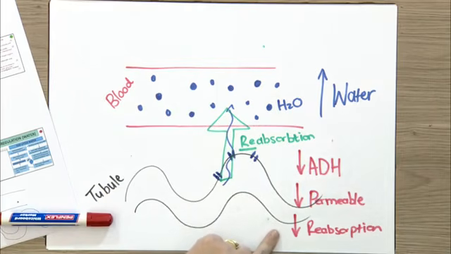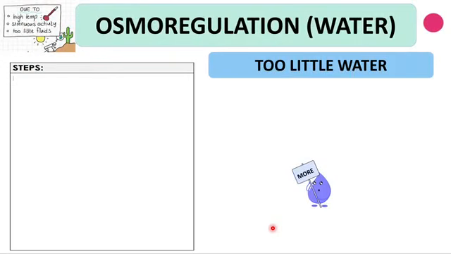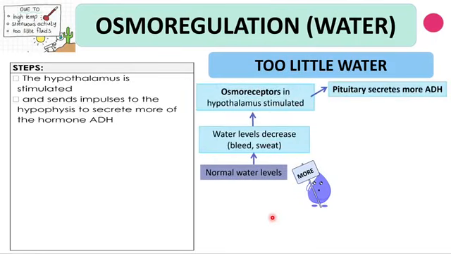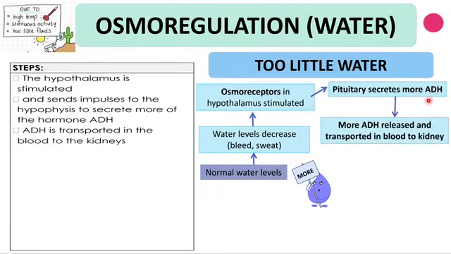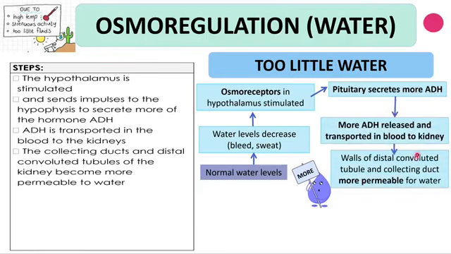Quickly looking at the opposite effect: if there's too little water in the blood, osmoreceptors still detect this. The pituitary will now secrete more ADH, which will make my distal convoluted tubules more permeable.